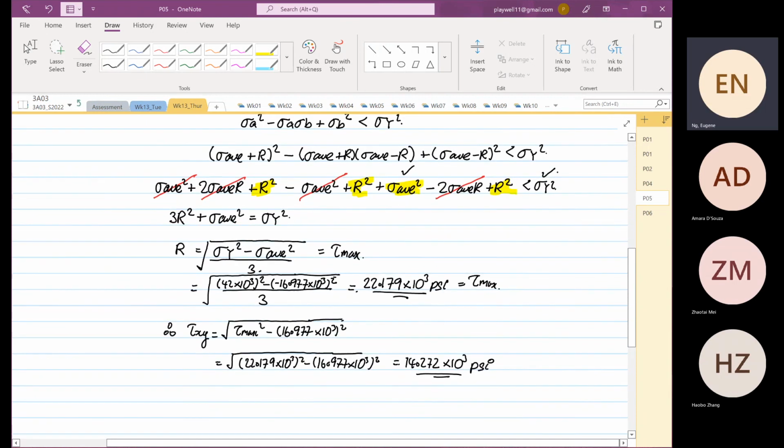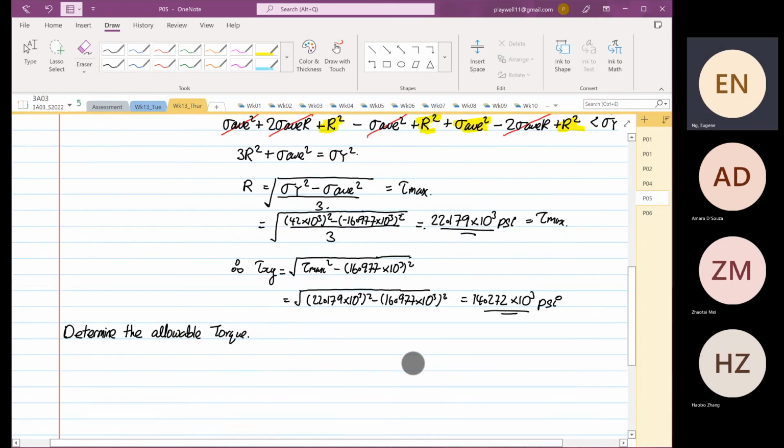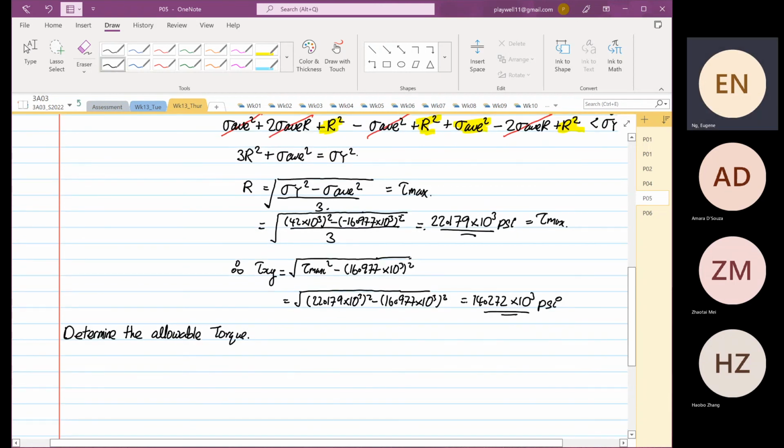So from here we can determine the allowable torque. We know that shear xy is equal to TR over J, right? So torque in the y direction.